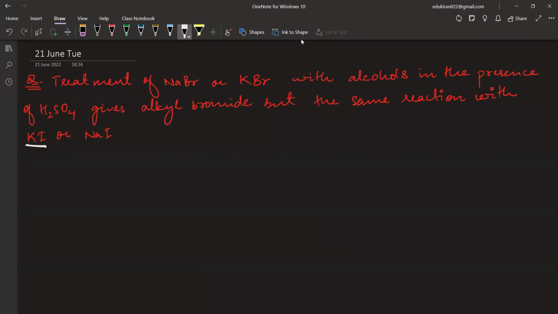So here generally you will get the question with KI, okay? Because KI is more stable and it is more easily available. KI or NaI doesn't give alkyl iodide.